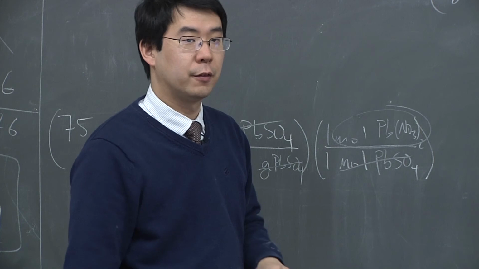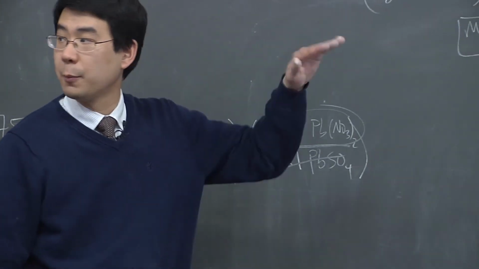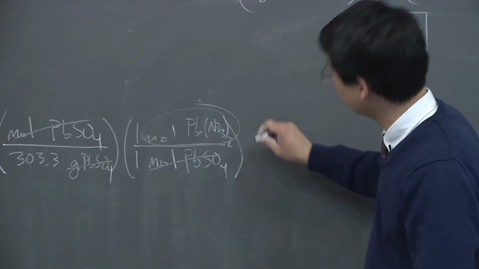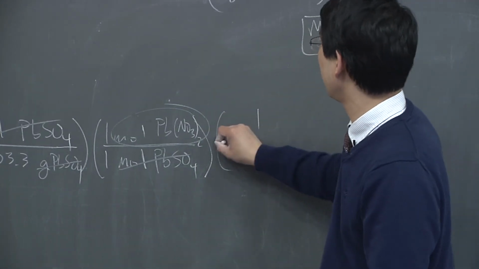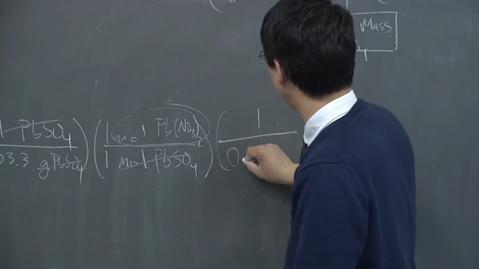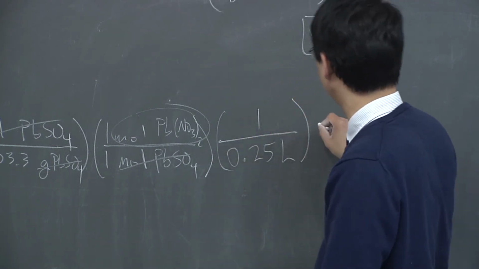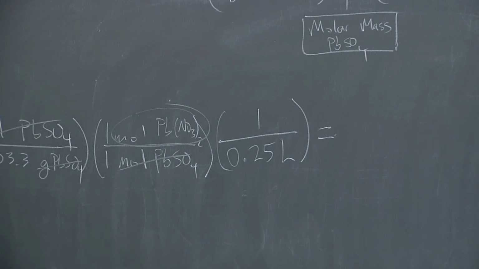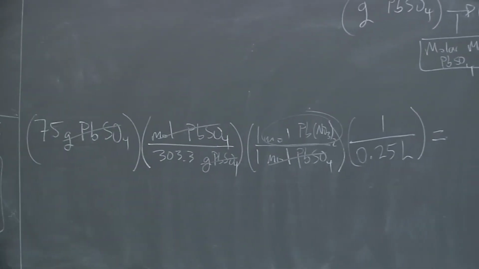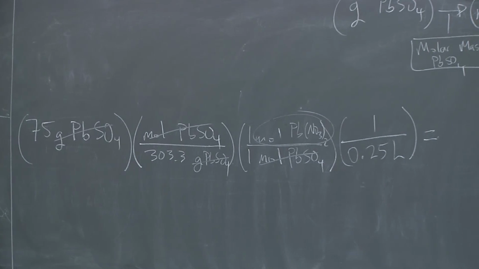So where am I going to put the liter? Top or bottom? Bottom, because it's going to be moles over liters. So I'm going to just put a 1 on top, and the liters is 0.25 liters. When I do that out, anybody faster than me? 75 divided by 303.